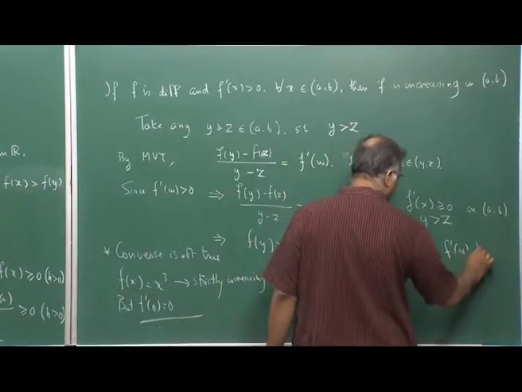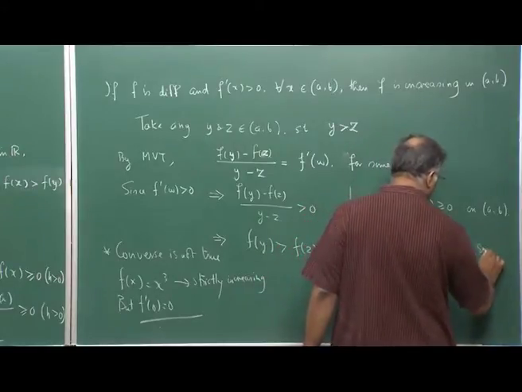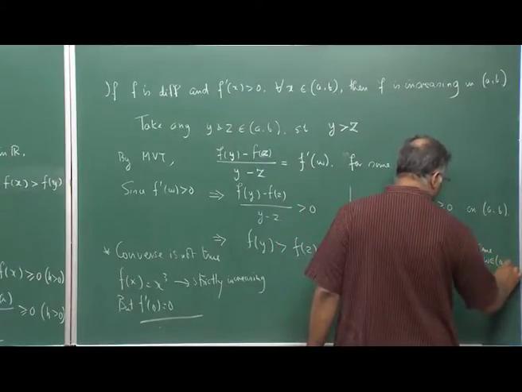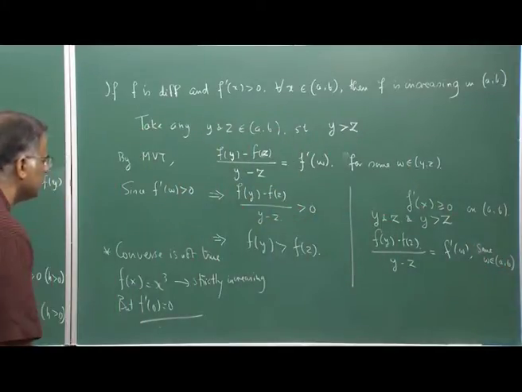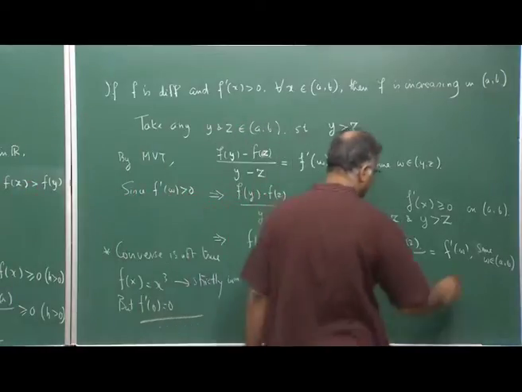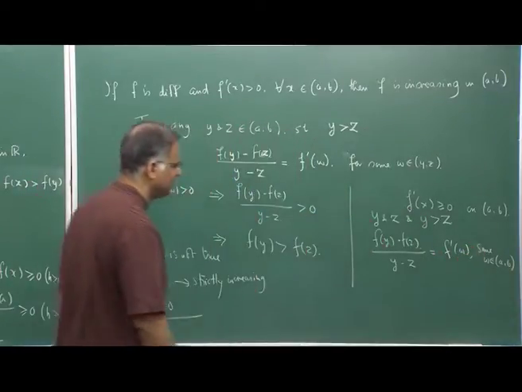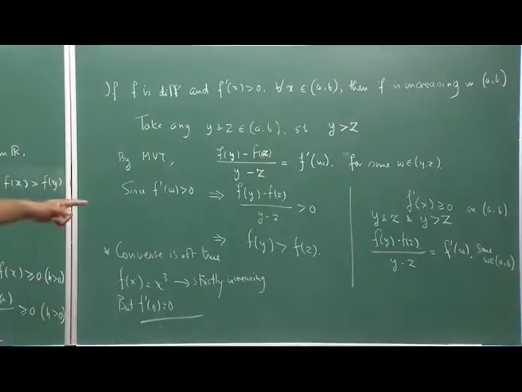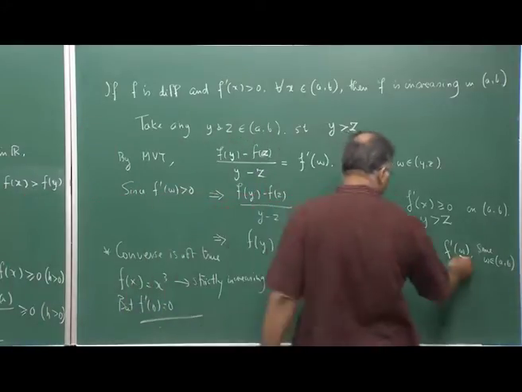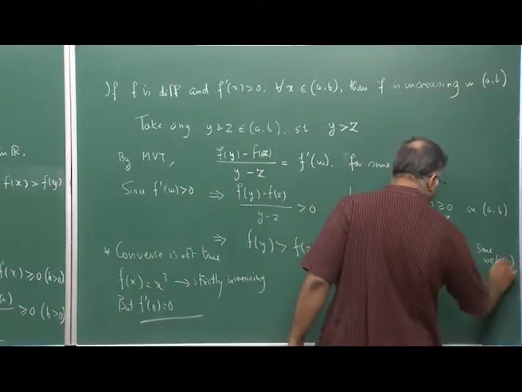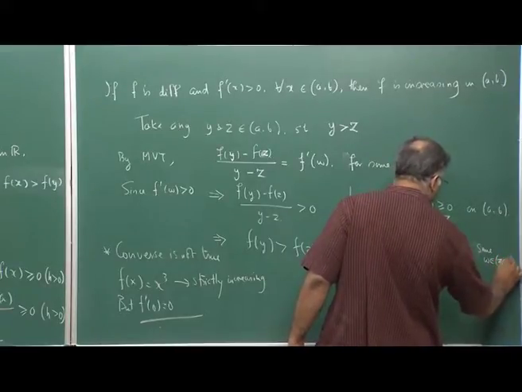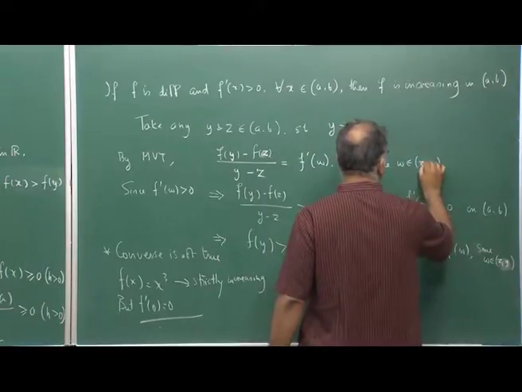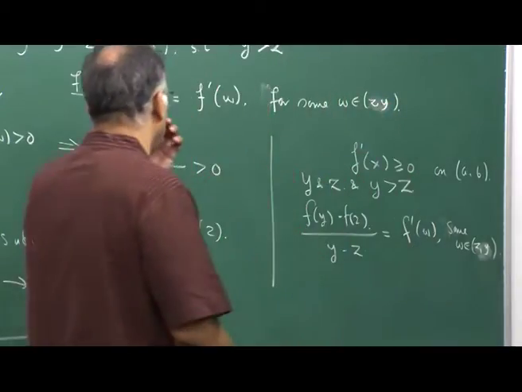F dash w for some w in z y. Here it should be z y because z is lesser than y.